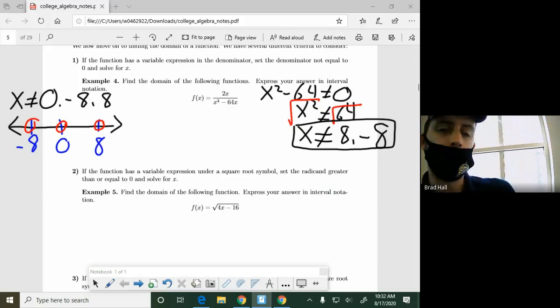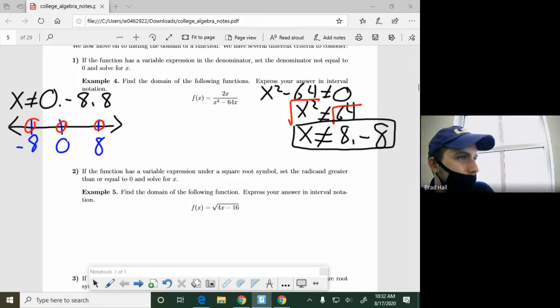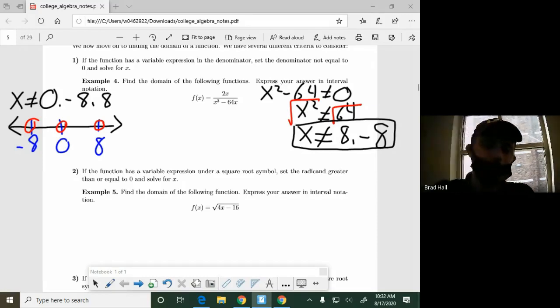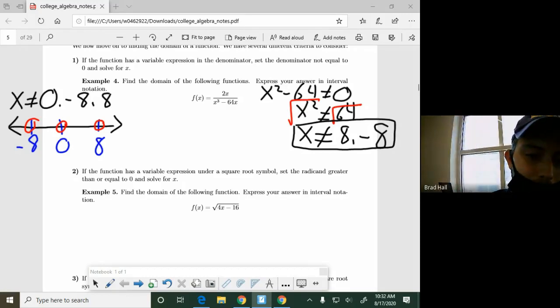So when I say that X is not equal to these things, it sounds very glass half empty. Let's view the converse of that. What would be included? If X is not equal to those three things, X could be anything else. That's quite a lot of numbers.